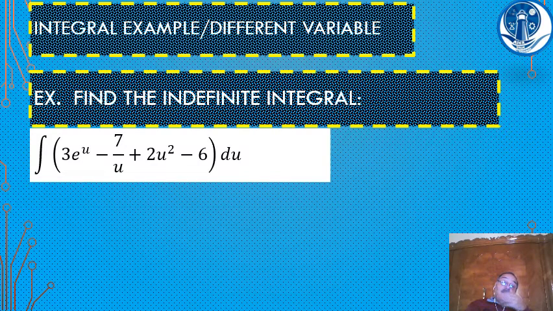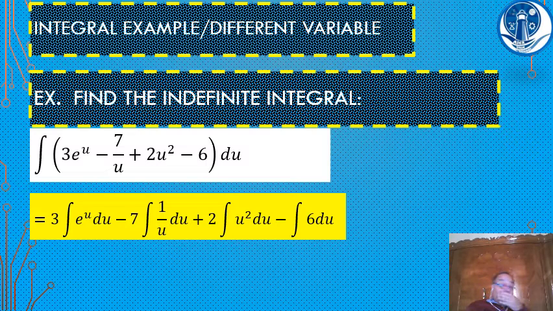You can tell me: 3e power u is 3e power u, 7 over u will be 7 ln u, plus 2u power 3 over 3 minus 6u. Okay, plus c, don't forget.